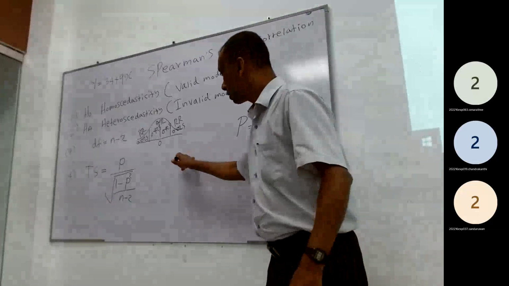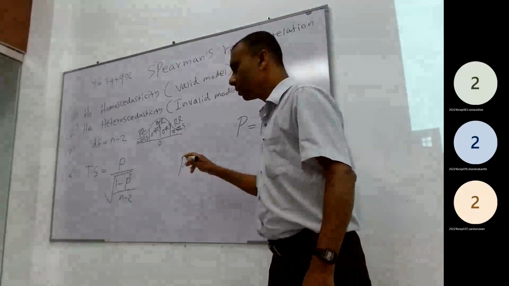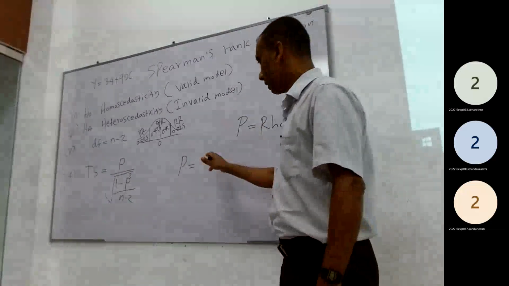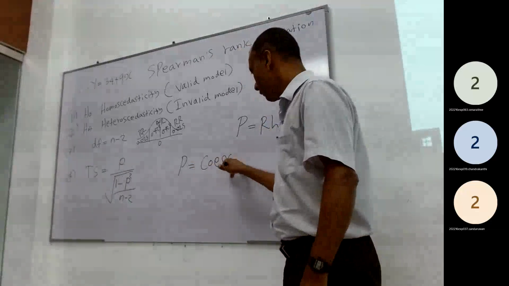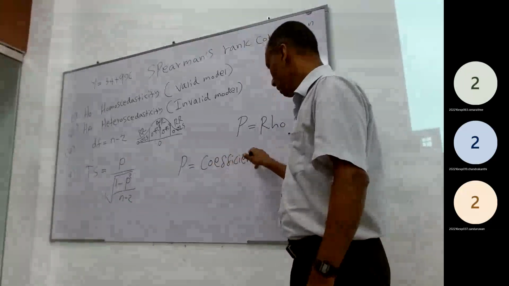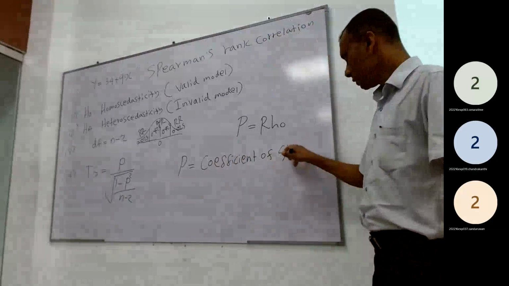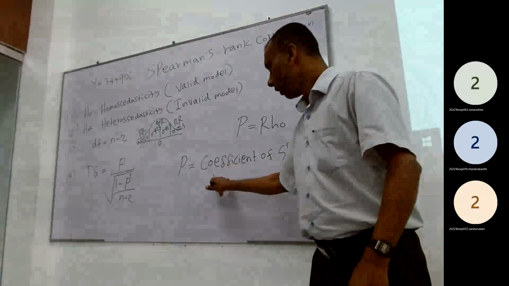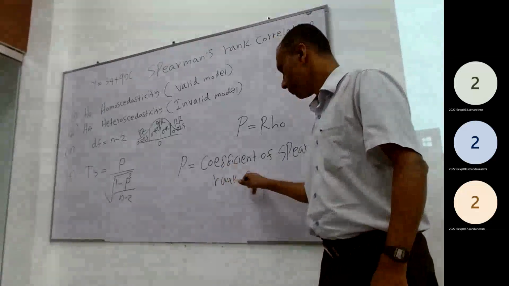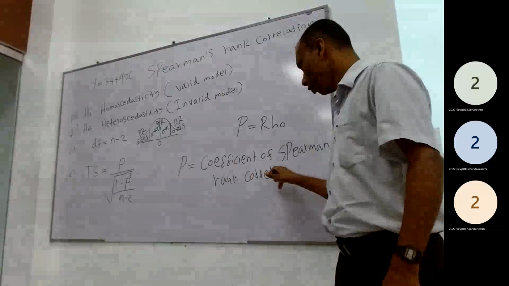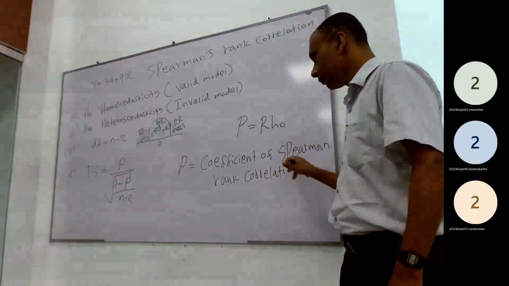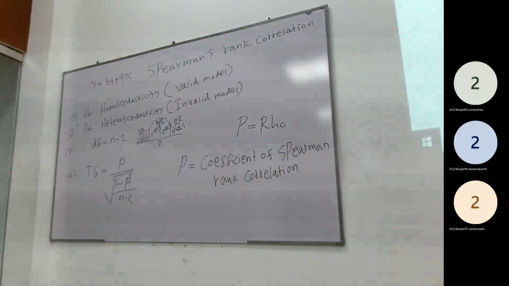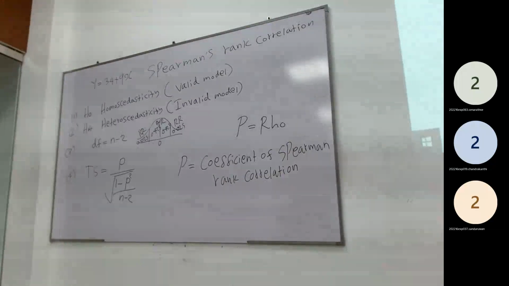Rho means the Spearman rank correlation coefficient. It is a coefficient of correlation, but it is rank correlation.